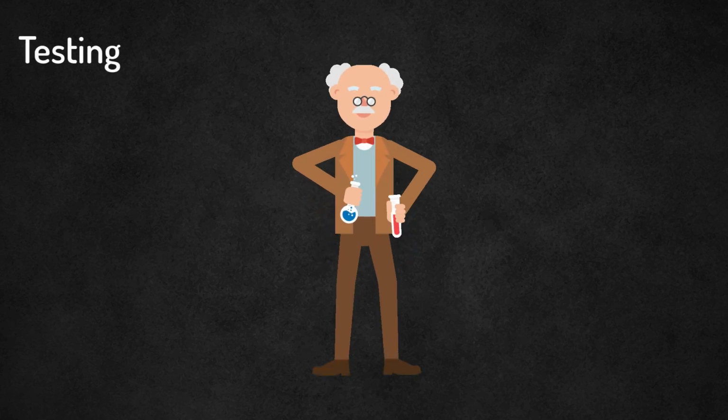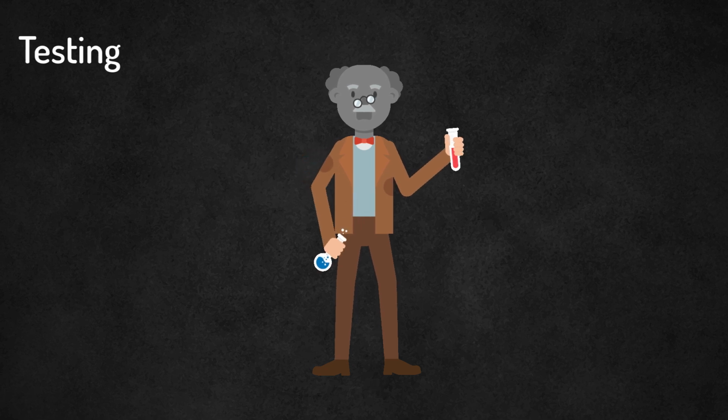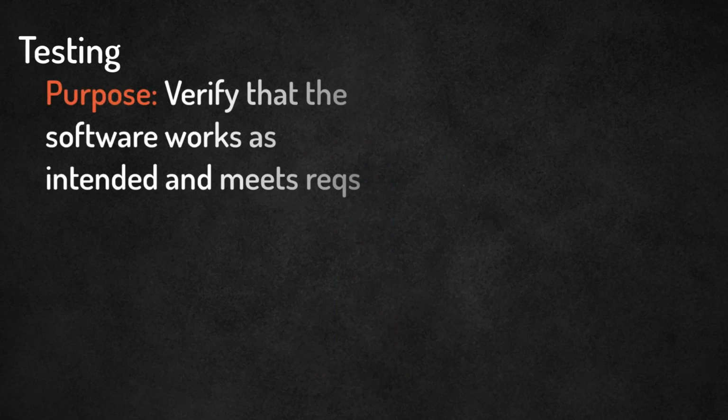Now, I am sure that there are many of you that thought you could now release your software onto the great public mass. But no, we have to implement our testing. So the purpose of this is to verify that the software works as intended and meets all of the software requirements.